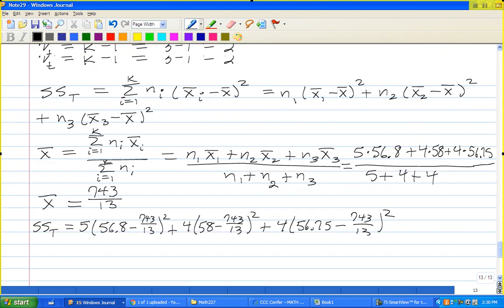And you get, let's see, so 5 times 56.8 minus 743 over 13, plus 4 times 58 minus 743 over 13, plus 4 times 56.75 minus 743 over 13.